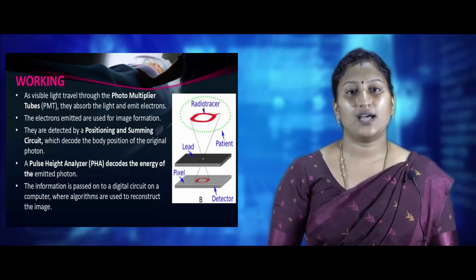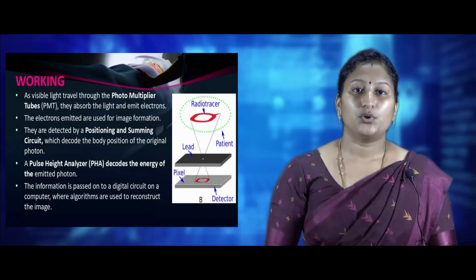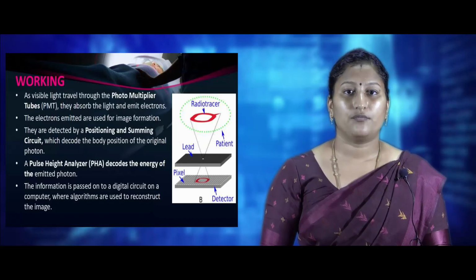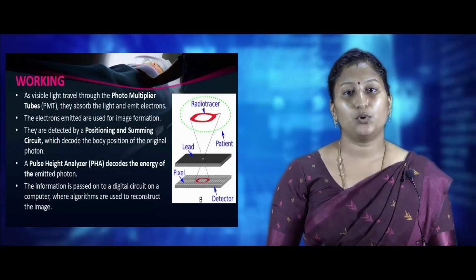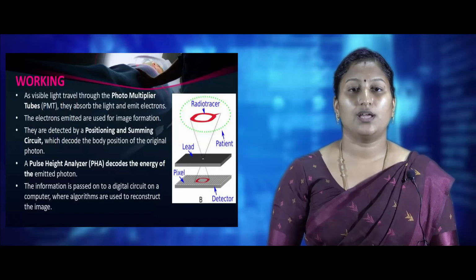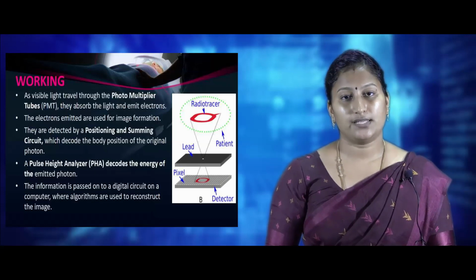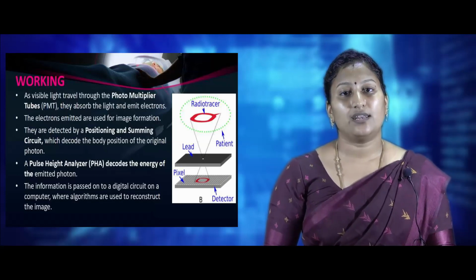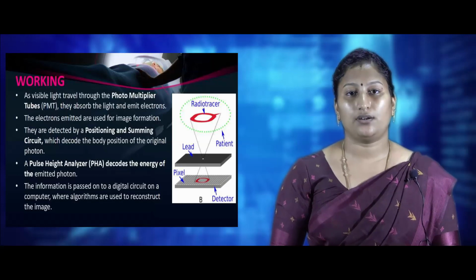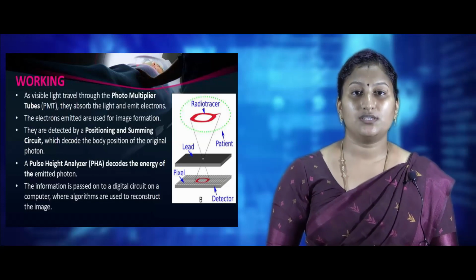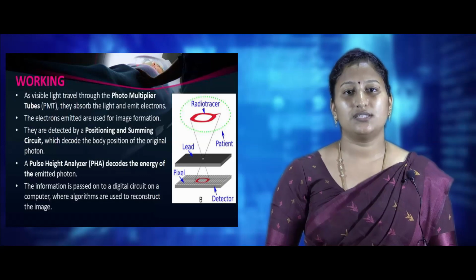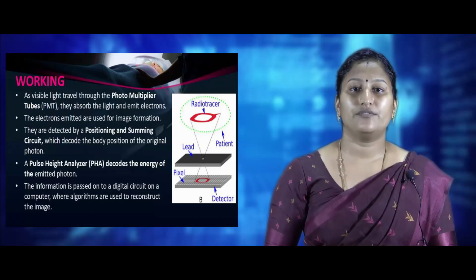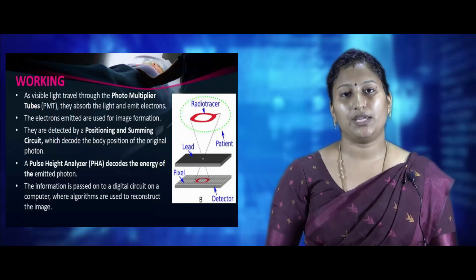These electrons are detected by position logic circuits, which decode the original position of the photon, and the pulse height analyzer, which decodes the energy of the emitted electron. This information is shared with the digital circuit in a computer, which uses algorithms to reconstruct the image.